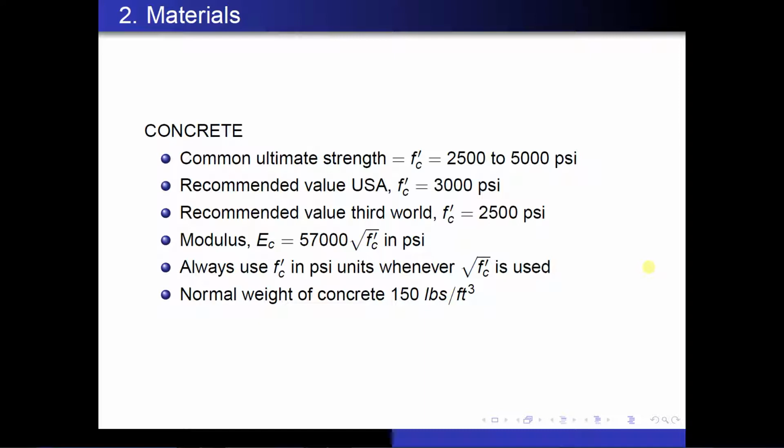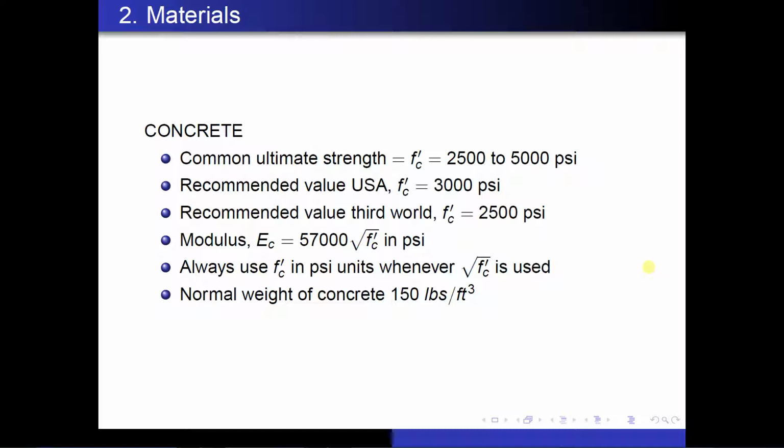And we usually denote this with the symbol f'c, which is usually in the range of 2,500 to 5,000 psi for regular structural concrete. Now, it is possible for it to be much higher than that, but these are some common ranges for the ultimate compressive strength of concrete.